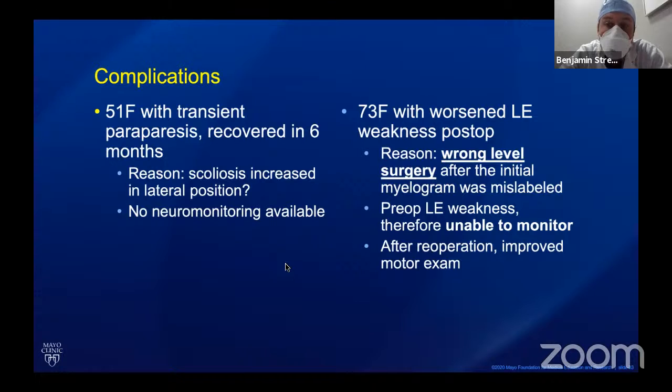They found that she was weaker than previous immediately postoperatively and identified that the wrong level of surgery had been performed. After the second operation, they found an improved motor exam, which actually did improve over the course of her postoperative rehabilitation.